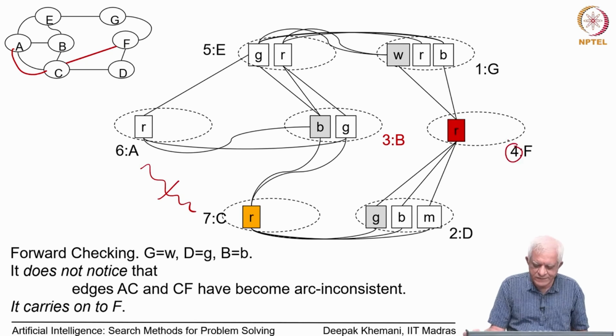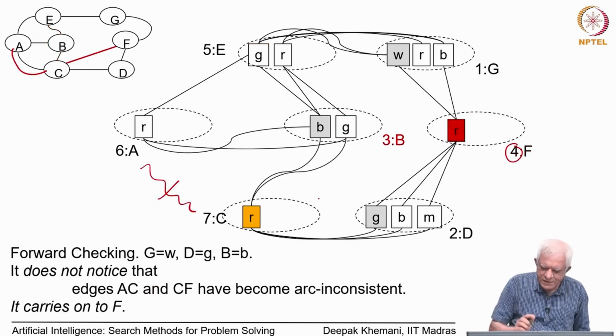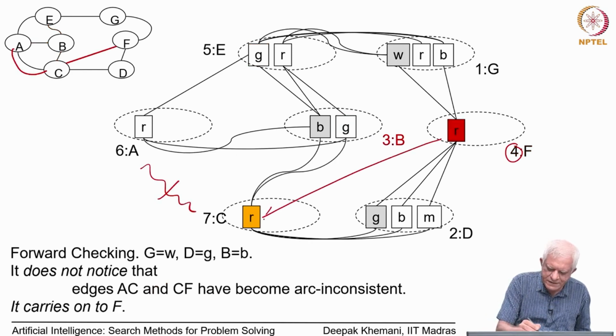So, it carries on to F essentially. At this point, it sees that the domain of C has become empty. Why did that happen? That happened because of this connection that we see here.